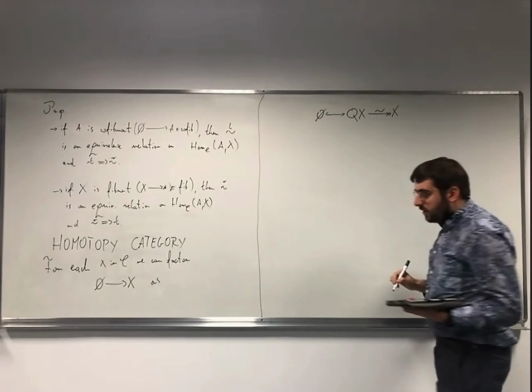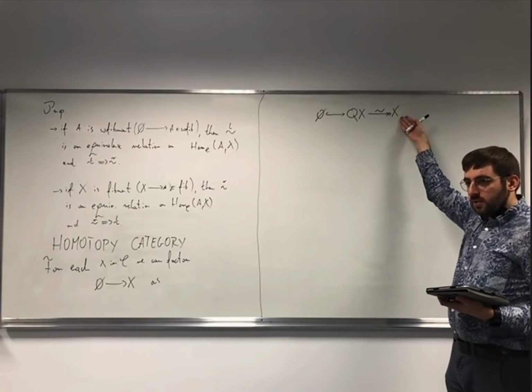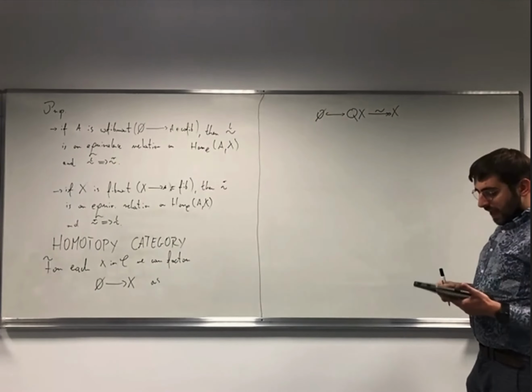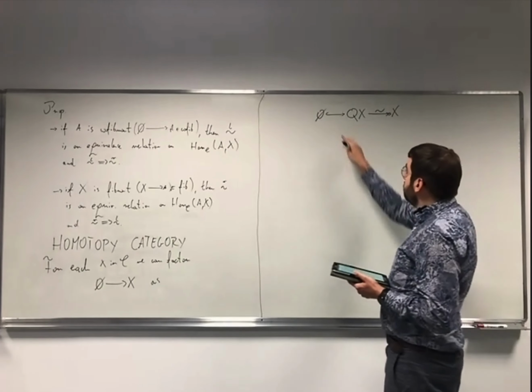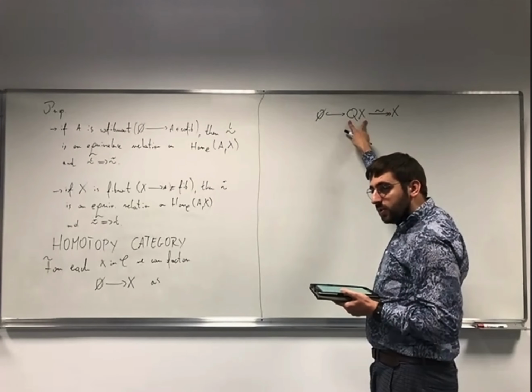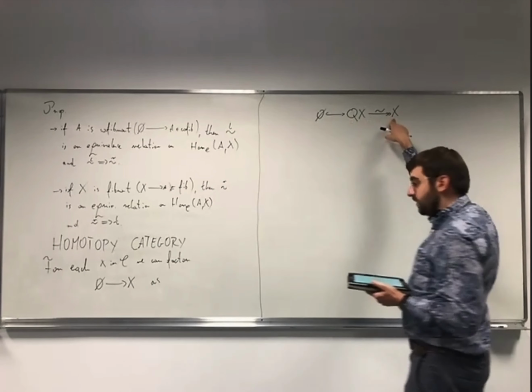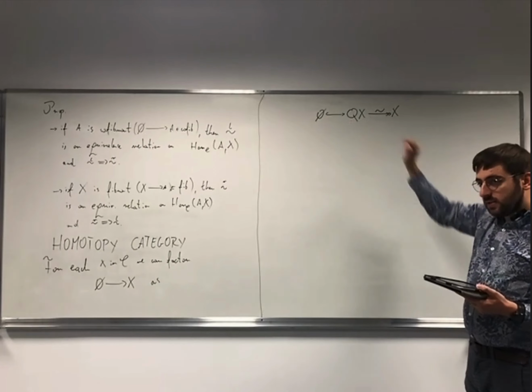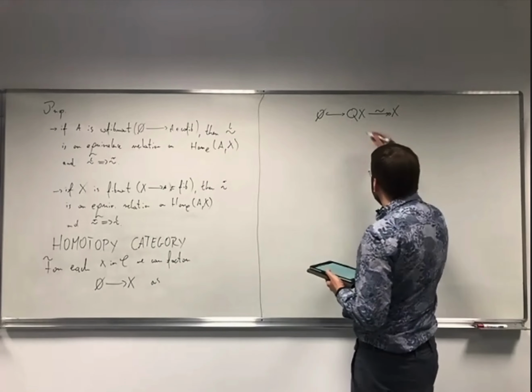This is one of the axioms of the model category, which is why we can do this. What we get is a cofibrant object QX, which is weakly equivalent to X. And this QX is called a cofibrant replacement for X.